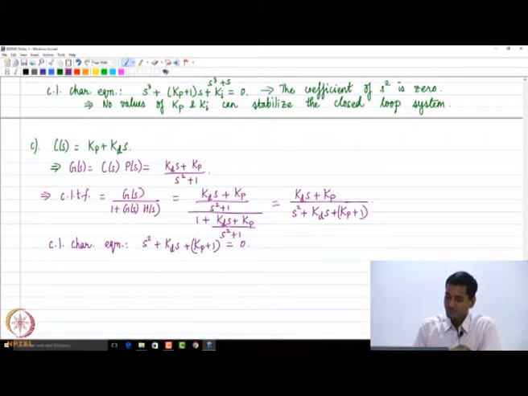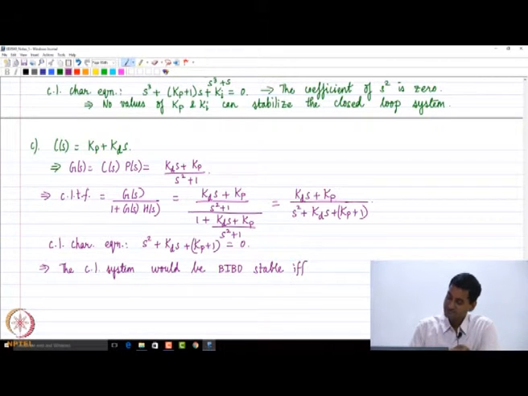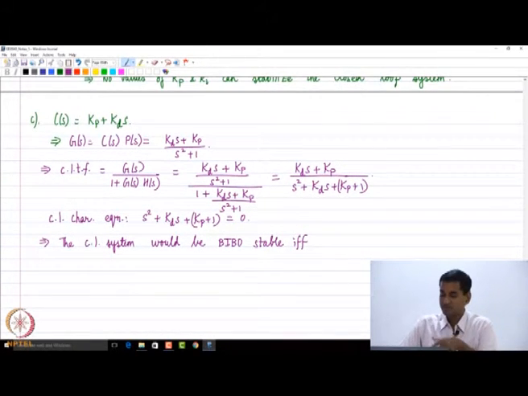So the closed loop system would be BIBO stable if and only if all the coefficients are non-zero and of the same sign.